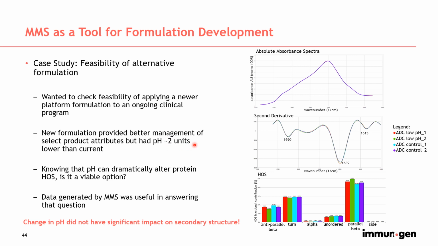This was also reflected in the fractional contributions of the different components of the higher order structure, with the antiparallel and the parallel beta sheets being very comparable between the control sample and the ADC in the low pH formulation. So in this case, the data generated from MMS was very useful in answering the question whether an alternative formulation was feasible for the current program.